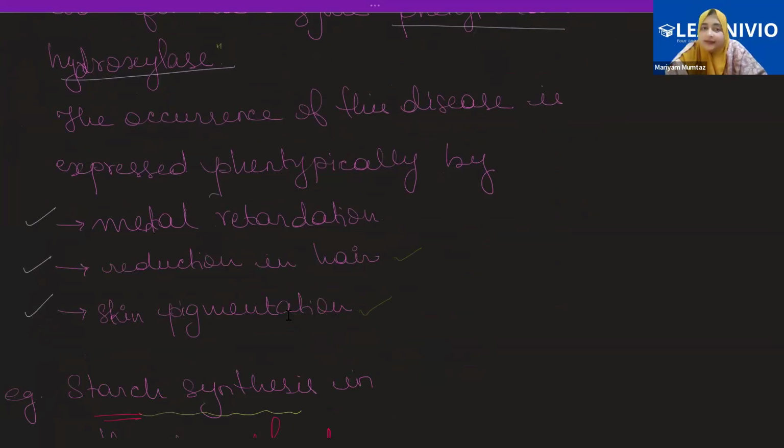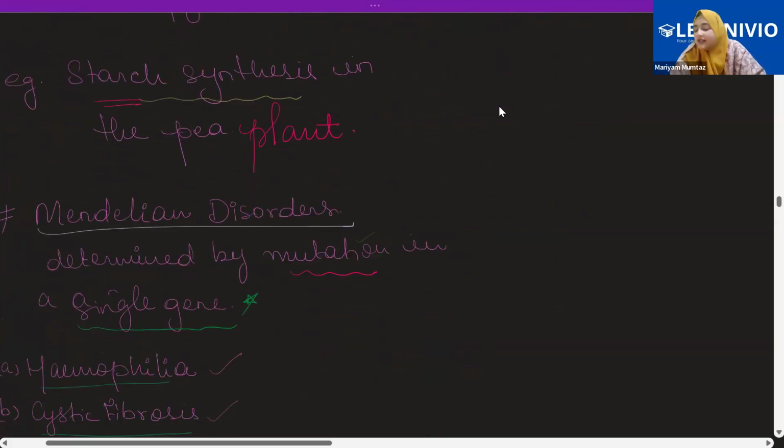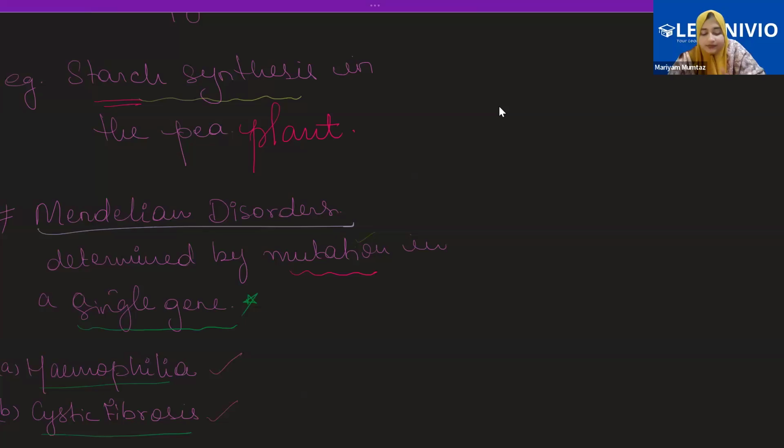You see how, because of mutation in one gene, there are so many phenotypic expressions observed. This phenomenon is called pleiotropy. The same exact thing exists in plants as well, wherein starch synthesis in pea is one such example. Now talking about the Mendelian disorder.